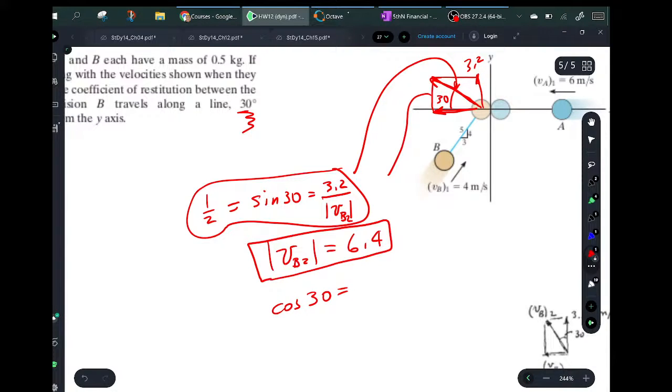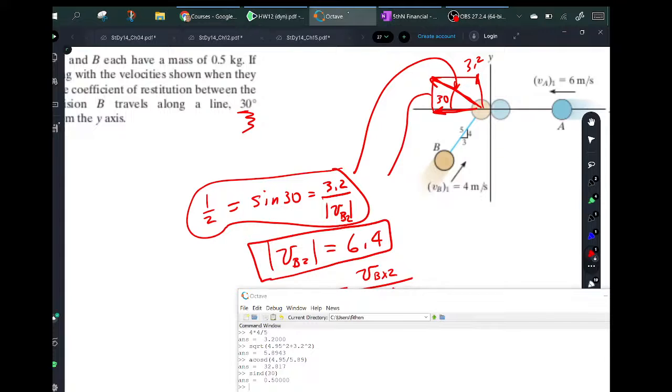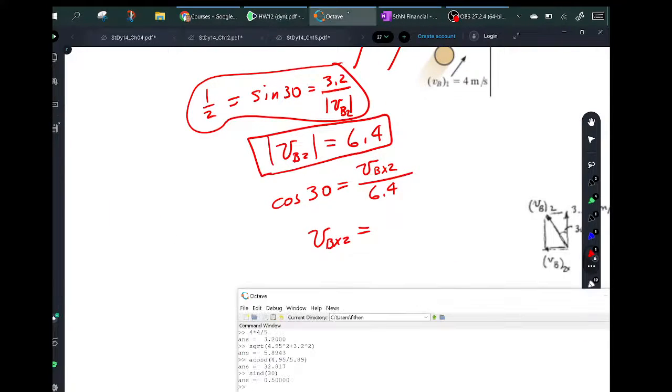Well, it's equal to the VBx2 over 6.4, and VBx2 would be 6.4 times the cosine of 30 degrees, which gives you 5.5426.